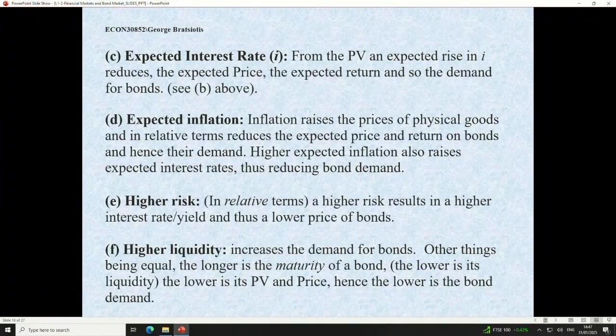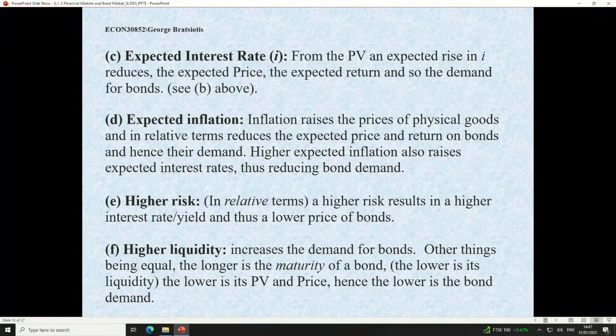They go hand in hand. So if you expect inflation to go up, you expect interest rates to go up, which means the price of bonds will be going down. Therefore, the return on bonds will be going down. Therefore, that's another reason why the demand for bonds falls. In fact, expected inflation kills assets, basically.